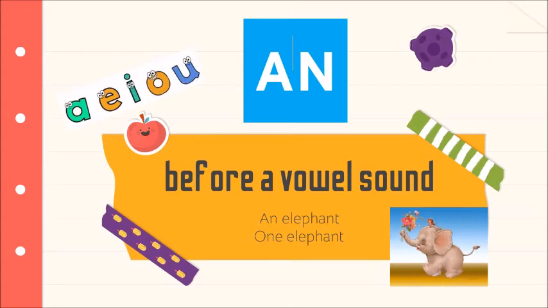Let's move on to an. As I said earlier, an comes before words starting with a vowel sound, and the vowels are A, E, I, O, U. Like one elephant or an elephant.